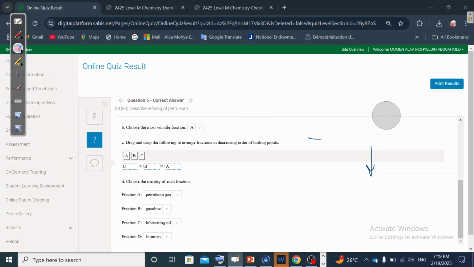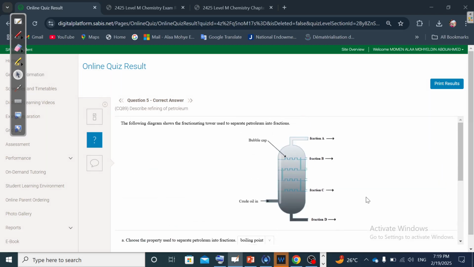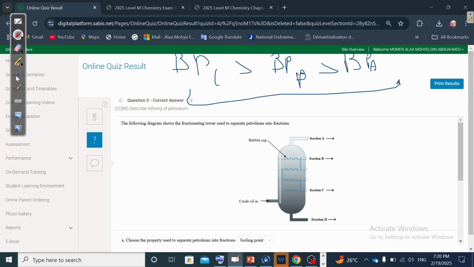Moving on to part C. Drag and drop the following to arrange fractions in decreasing order of boiling points. As I said, as you go down, the boiling point increases. So the boiling point of C is greater than the boiling point of B, which is greater than the boiling point of A. So that's in decreasing order.